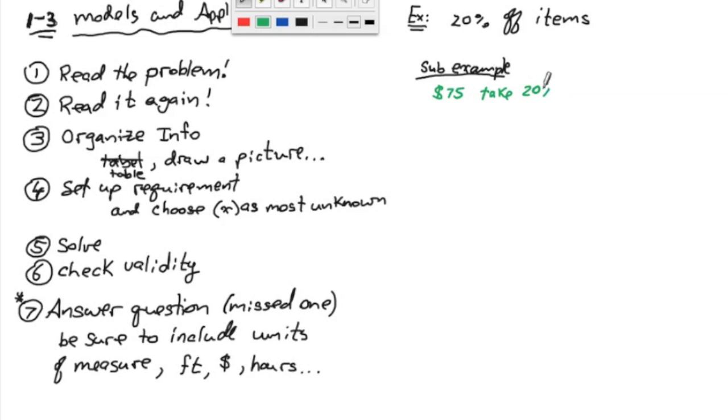So, how do you take 20% off of an item? Multiply the cost by 20%, so you'd go 0.20 times $75. Get an answer. What is it?